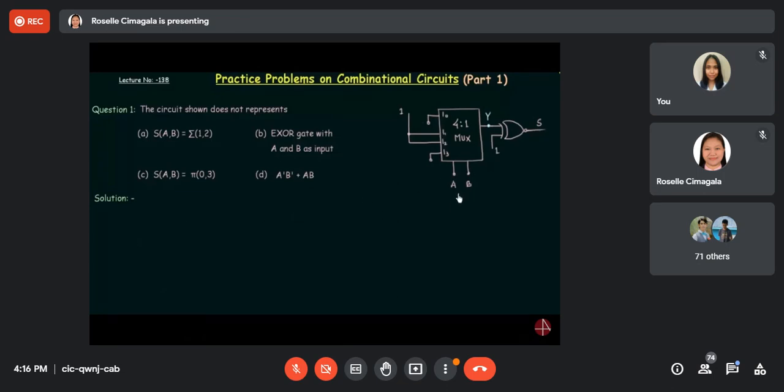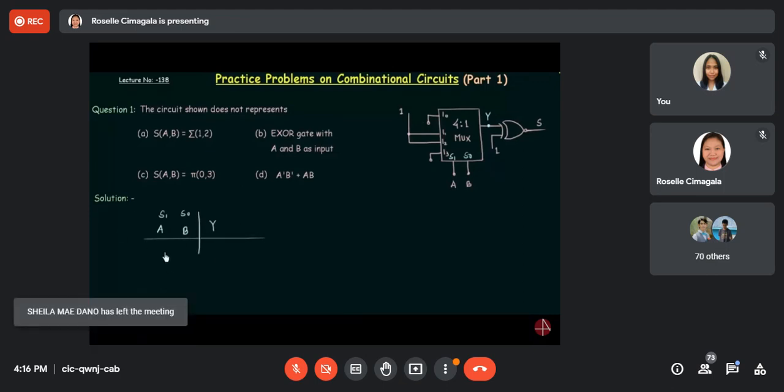You can see that the selector variables are AB, if this is S0, S1, and the selector variable plays a very important role in the determination of the output. So we will make the truth table. S1, S0 are the two selector variables for a 4 cross 1 mux, and S1 in this case is A and S0 in this case is B. The output is Y. Now for the combinations, let me write it down quickly.